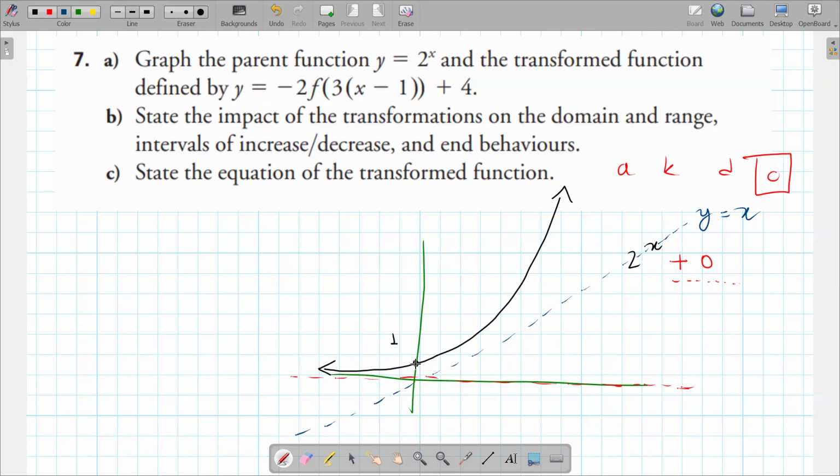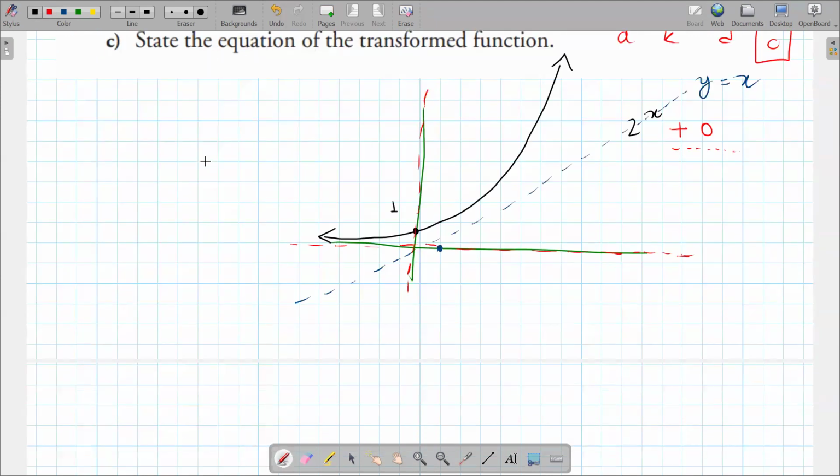So if you take this point, it's going to shift here. If you take your asymptote, that now becomes your vertical asymptote. So the inverse of an exponential function is a log function. So this is the inverse of 2 power x. It's log base 2 of x.